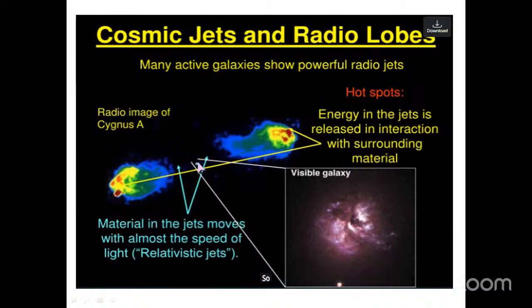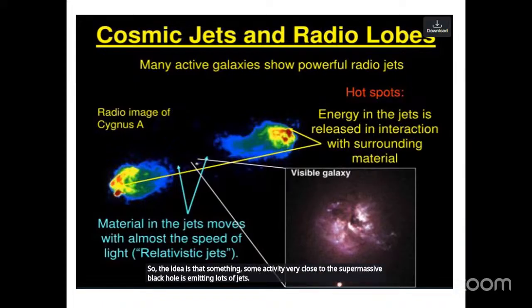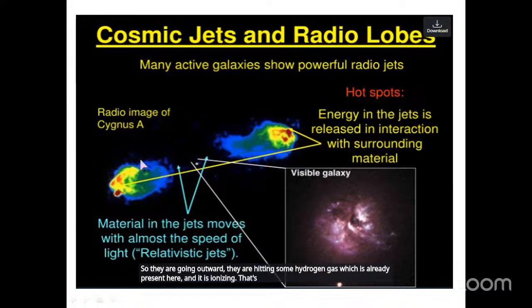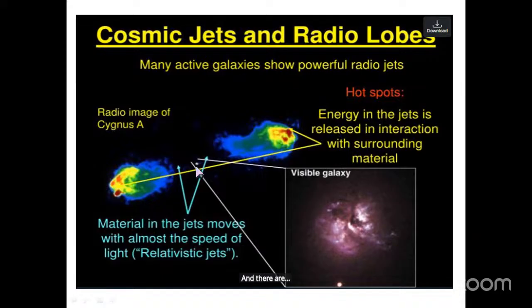So the idea is that some activity very close to the supermassive black hole is emitting lots of jets, lots of flows outward. They are hitting some hydrogen gas which is already present here, and it is ionizing. That's why you see these hot lobes here, which can be detected in radio, not in any other band. And if your eyes are very good, you can see small jet-like structures.